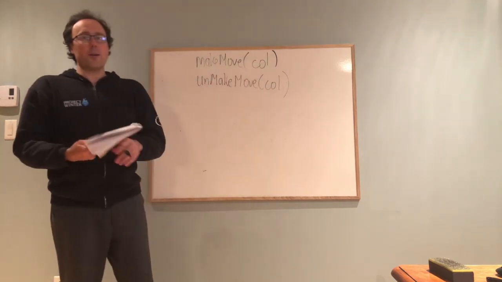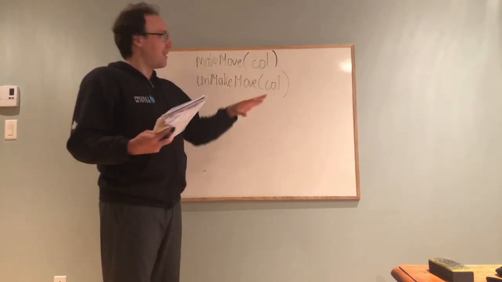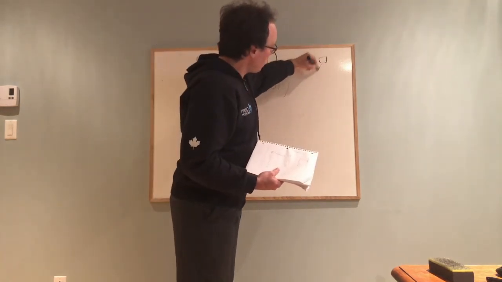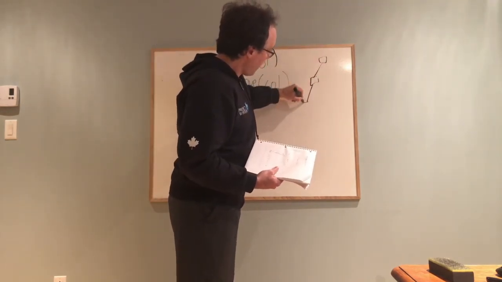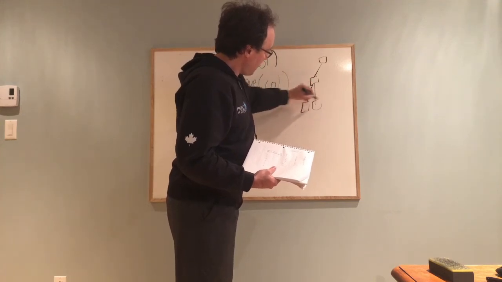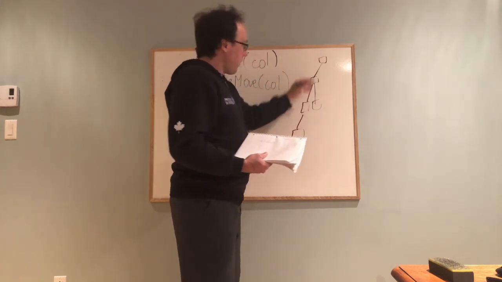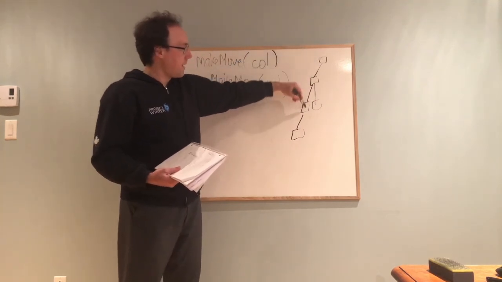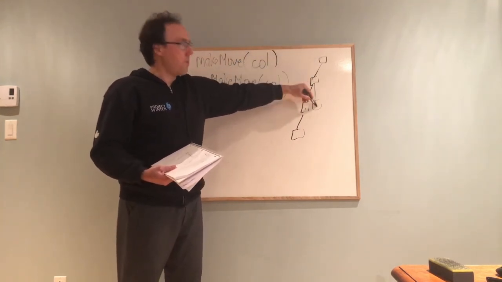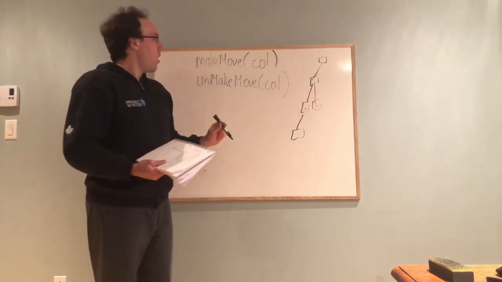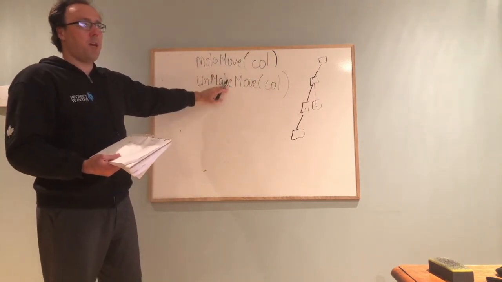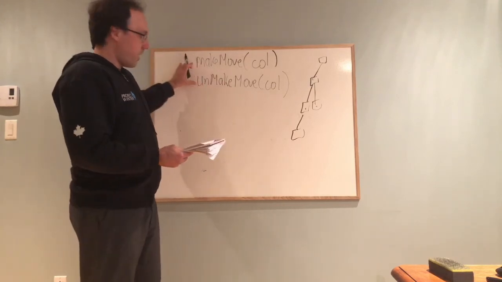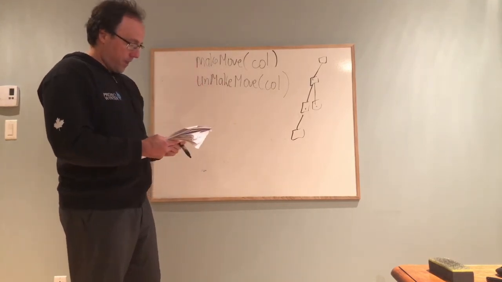Now, these 2 functions are essential because before I cleared my board, remember, we had basically the search tree where I drew all these nodes, all right? And in order for us to be able to perform this search where we move from one position to the next and down and then back up and over and we traverse this search tree, we need to be able to make moves and unmake moves efficiently and simply on the board. So these 2 functions are going to be very, very important.